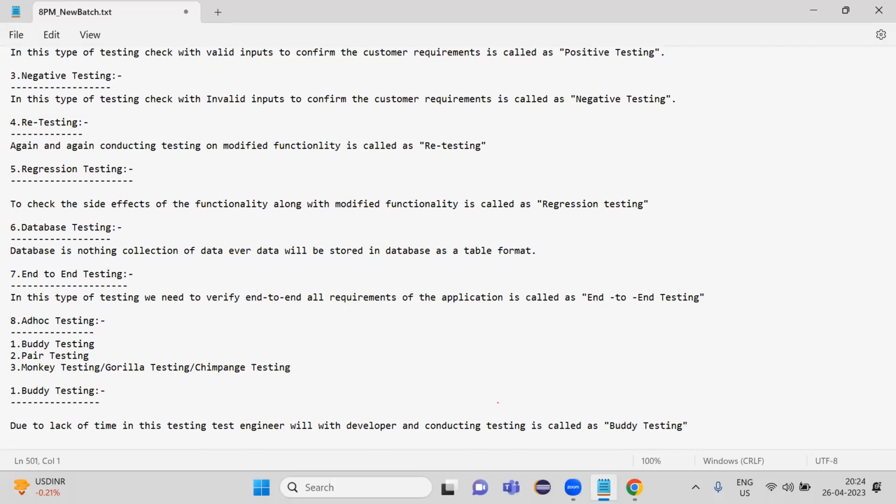Clear? We have to join with the development person and conduct testing, called buddy testing. Okay. Coming to the next one.